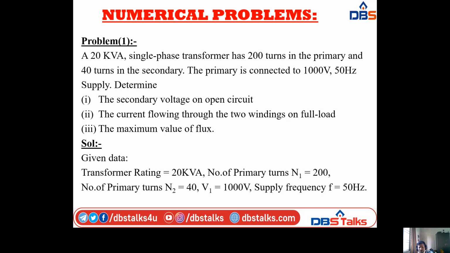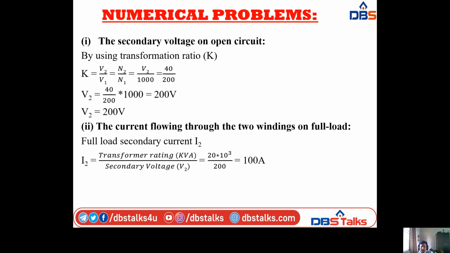Now first, determine the secondary voltage on open circuit. Find out V2. Generally, we know the transformation ratio K is equal to V2 by V1 is equal to N2 by N1, or equal to E2 by E1, equal to I1 by I2. By using the transformation ratio K equal to V2 by V1, that is equal to N2 by N1, we know the V1 value, the N2 value, and the N1 value, so we can easily find V2.